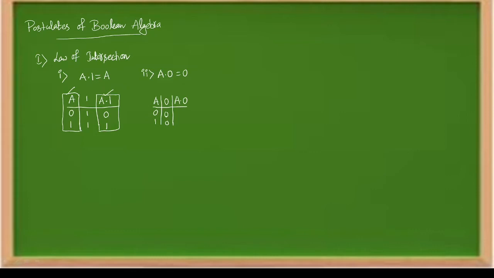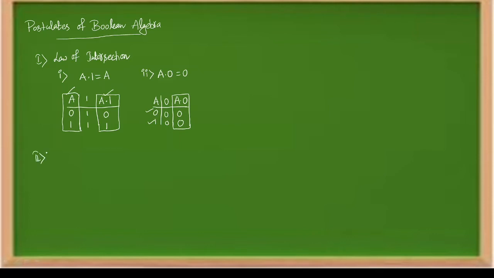Now 0 and 0, according to the AND operation, always gives 0, and 1 and 0 always gives 0. As you have observed from this column of the table, whatever the value of A, 0 or 1, it is always giving 0 output. That's why I can say A and 0 is 0. This is the law of intersection.